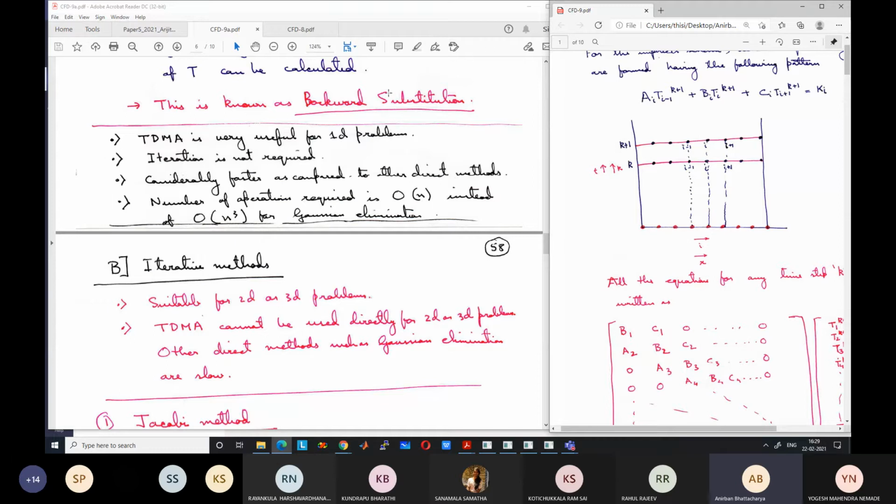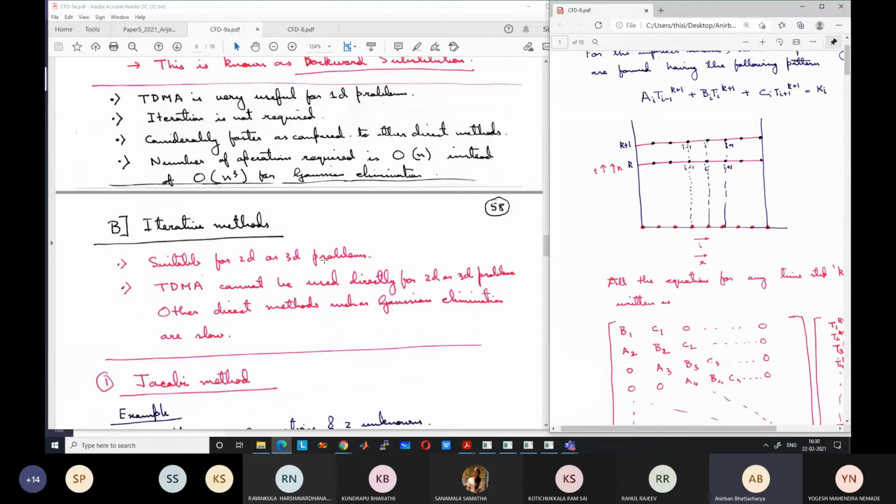So step by step you are gradually moving towards the correct value. After say 20 or 30 steps, once you reach your desired accuracy, you say that the solution is sufficiently accurate. I don't need further iterations, so you stop at that point. So these methods we will see. Then it will be more clear.